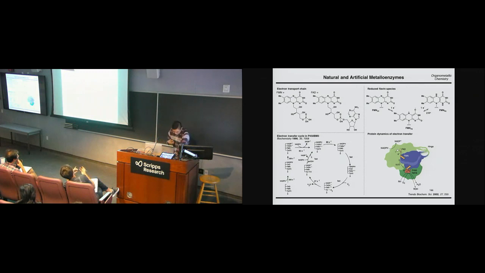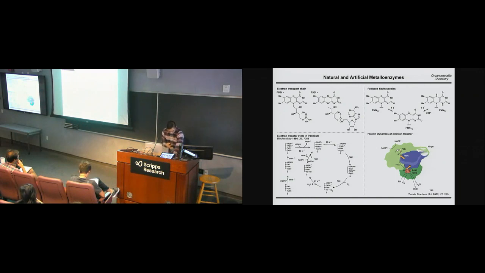And then instead of getting reduced all the way to the hydroquinone, at this point, the FMN semiquinone would actually do an electron transfer to the iron center to reduce it to iron 2. And then another single electron transfer happens from the FAD to FMN to again regenerate the FMN semiquinone. This would then deliver the second electron during your oxygen activation step.